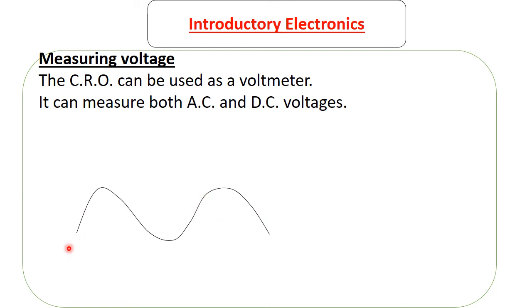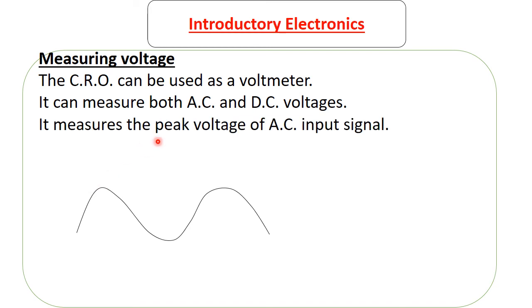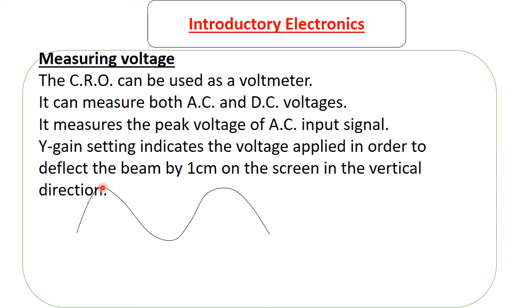Because you have a scale here, which for example might be 0, 1, 2, 3, 4, 5. So how do you tell what voltage this is? This instrument measures what is called the peak voltage of the AC input signal. Peak voltage is the voltage at the top of the wave here. So it will tell us what the voltage is here at the top.